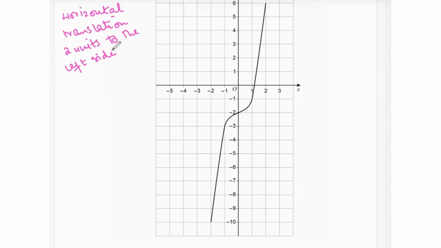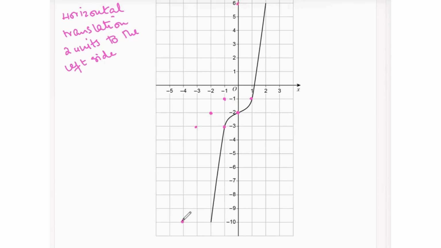So if you move 2 units to the left-hand side, this point will become this point, and this will become this. This becomes this. This becomes this. And this will be this.